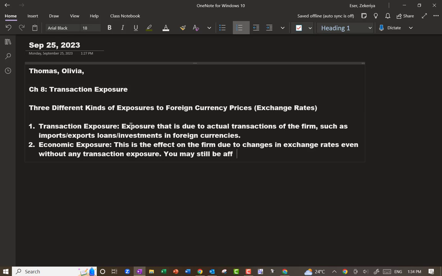You may still be affected by foreign currency fluctuations, since they affect economic competitiveness of foreign players in your area, in your business.